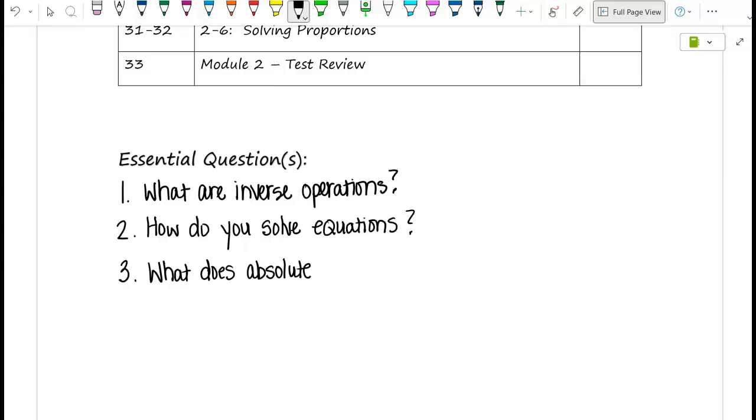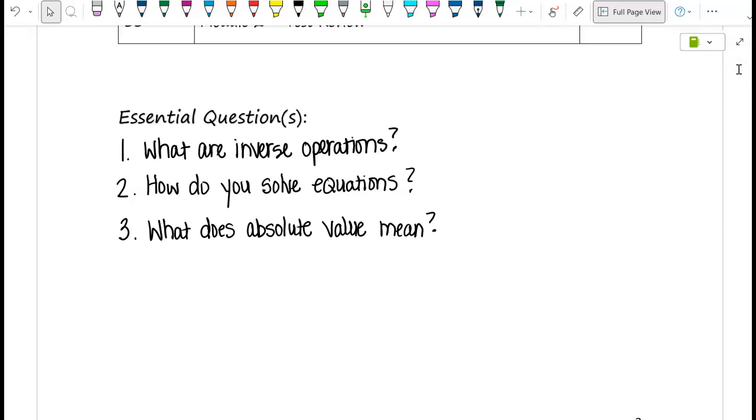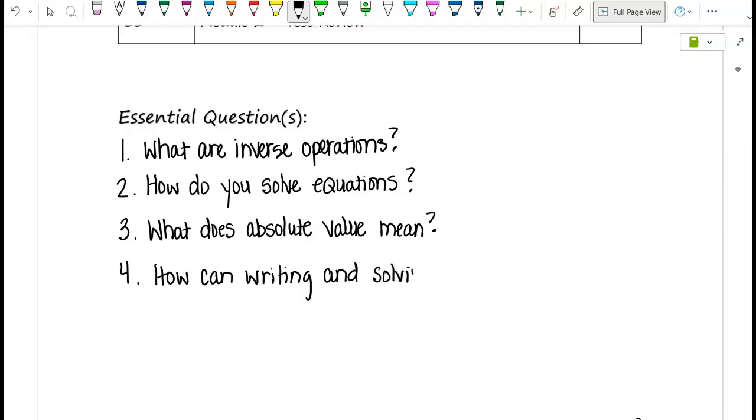So yes, we are doing some more work with absolute value this unit. And then our fourth question, how can writing and solving equations help you solve problems in the real world?